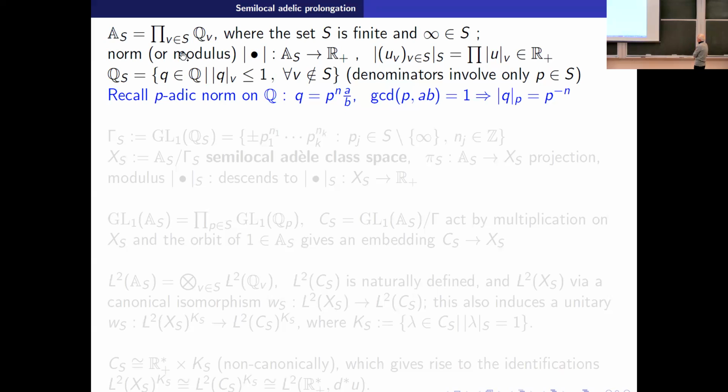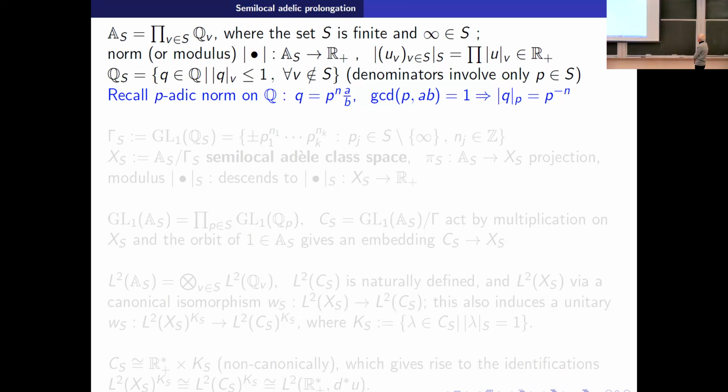So the S-adelic part of the adelic completion is A sub S. And now Q sub S is the part of Q in which this modulus or norm is less than or equal to 1 for all the places or primes which are not in S, which means that the denominators involve only the powers of p, p being v, if you want.